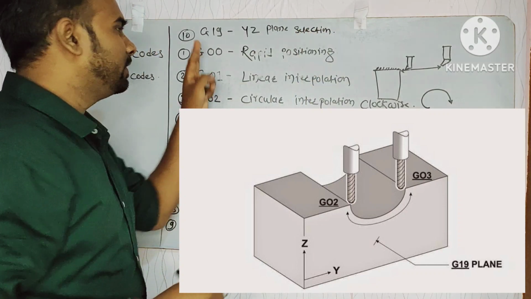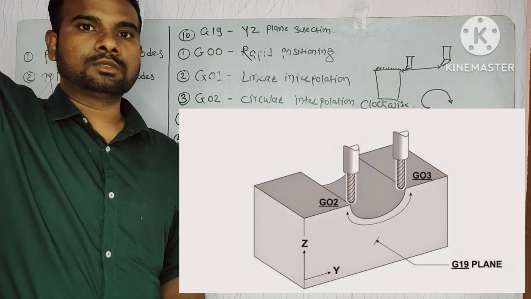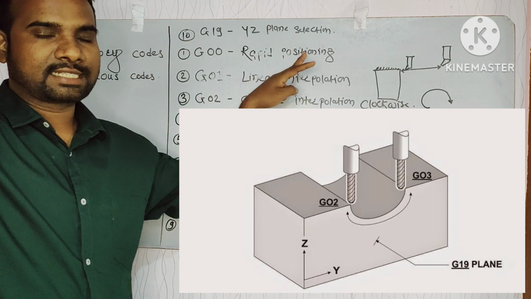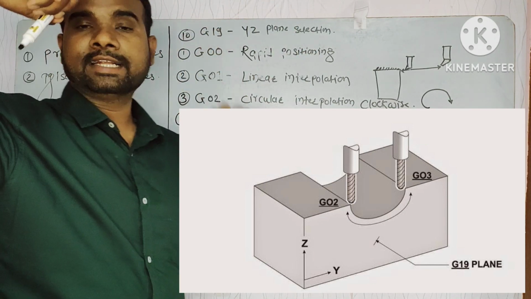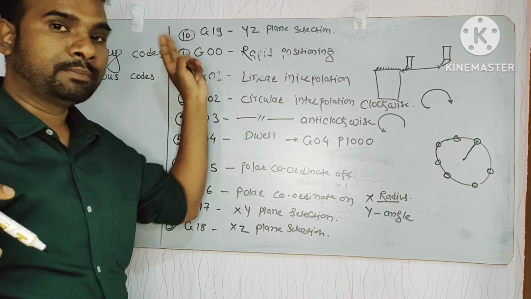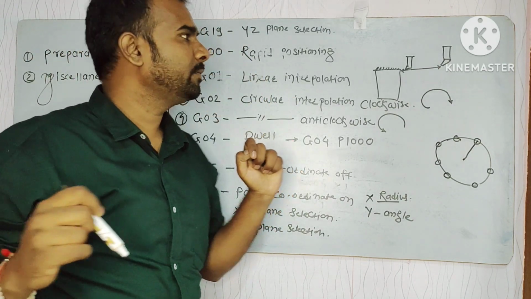When you have to do circular interpolation from the top or from the plane in the Y and Z axes, as shown in the picture, at that time you have to activate the G19 code. This is not activated by default. You have to activate it manually when you do circular interpolation in the Y and Z axes.